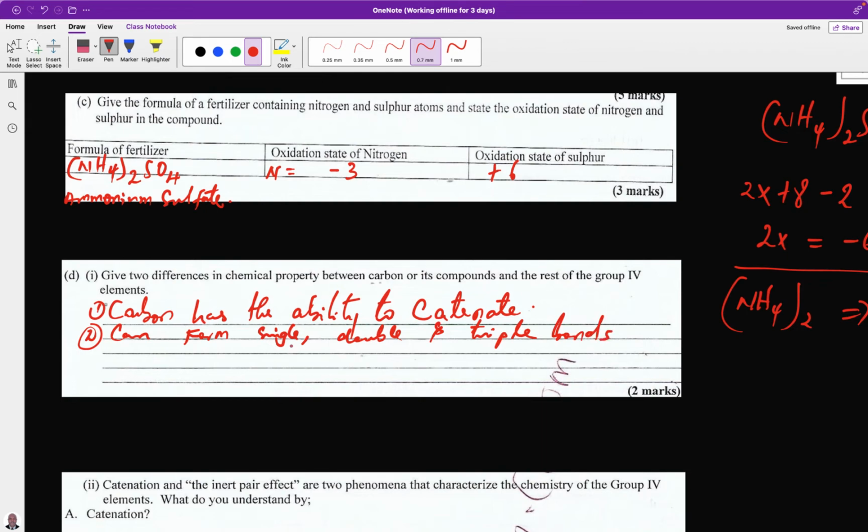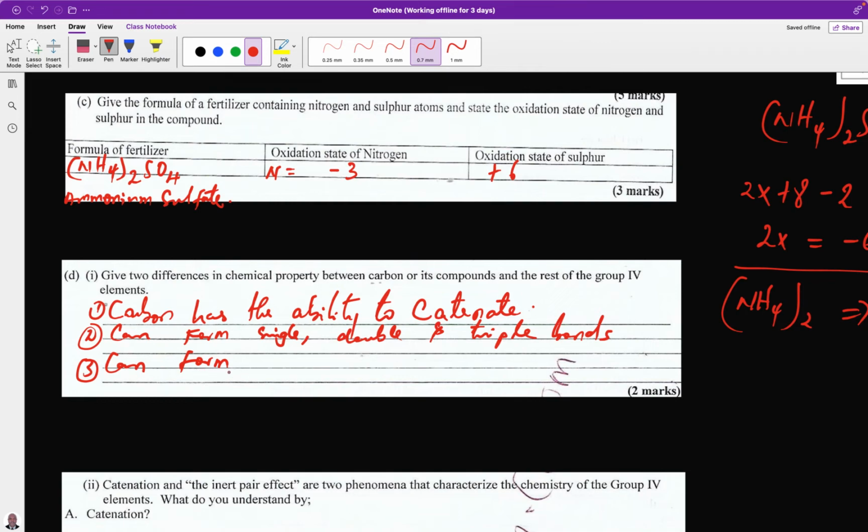It can form single, double, and a triple bond. Now, another one is carbon can form 4 chemical bonds to other atoms. It can form 4, that is sp3 hybridized.